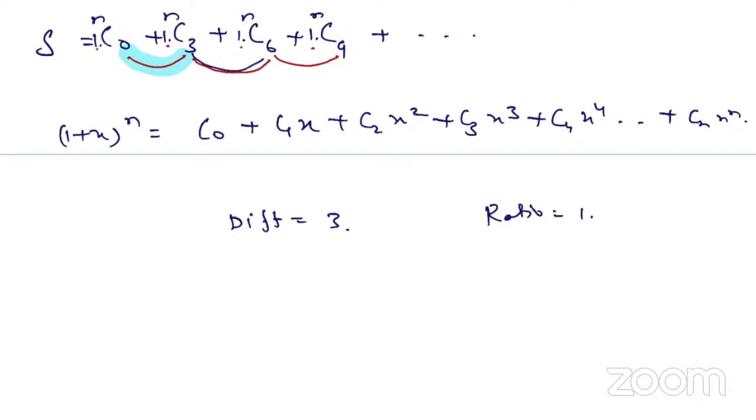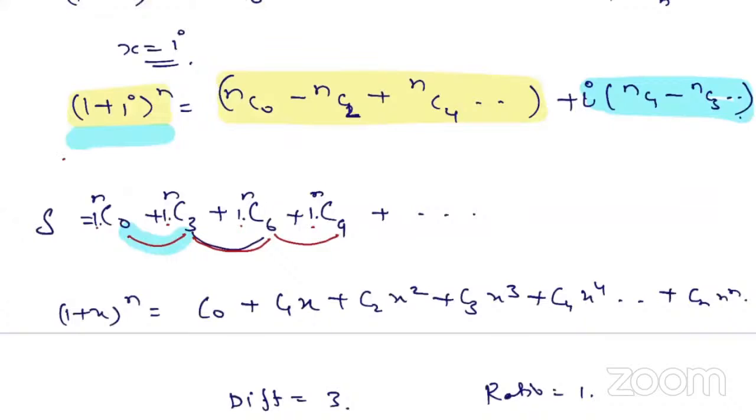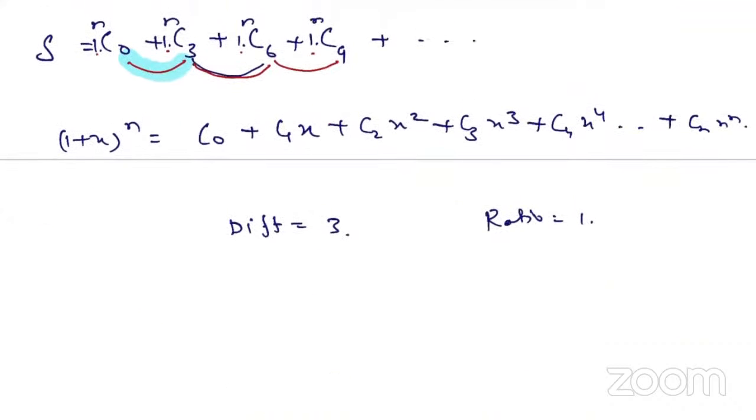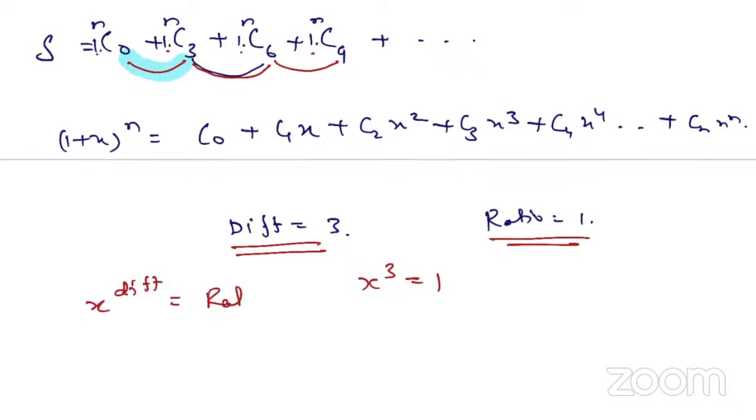So i वाले फॉर्म में शायद आपको (1 + i) के जो लास्ट फॉर्म था उसमें अभी बहुत सारी चीज़ें पढ़नी होगी इसको समझने के लिए, right. इसलिए मैंने कहा कि ये समझा तो देता हूँ, but example से ये समझो तो आपके लिए आसान पड़ेगा। तो अभी तक मैंने जो कहा, you have to take the differences 0 से 3, 3 से 6, 6 से 9, and ratio in each term is given as 1, right? So what you have to do, x to the power difference is equal to the ratio.